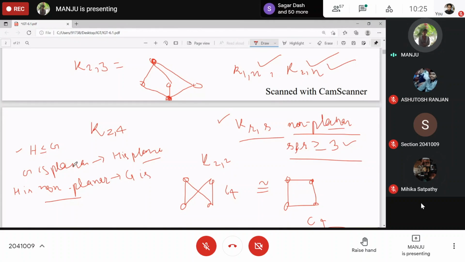If you are not able to draw the smaller part, then how the bigger part? Clear? If edges cross in the smaller part, they will in the bigger part too. So remember these two things: whenever H is a subgraph, if the bigger one is planar the smaller will always be planar, and if the smaller one is non-planar then the bigger one will always be non-planar. Understood?